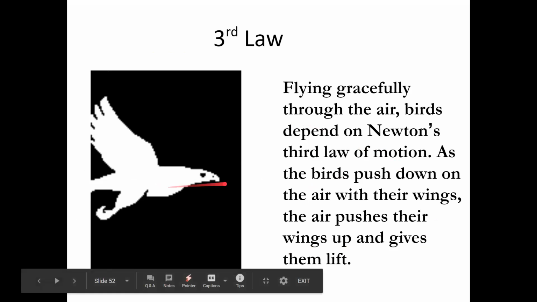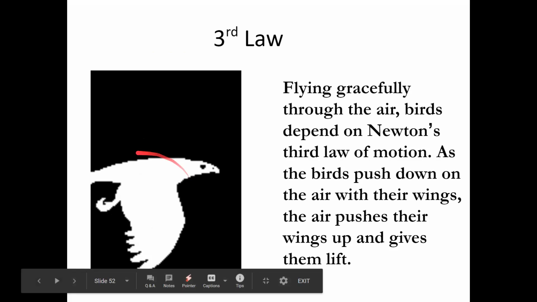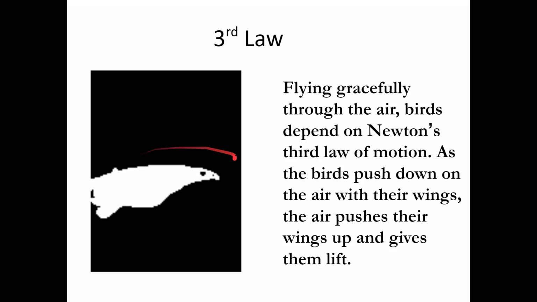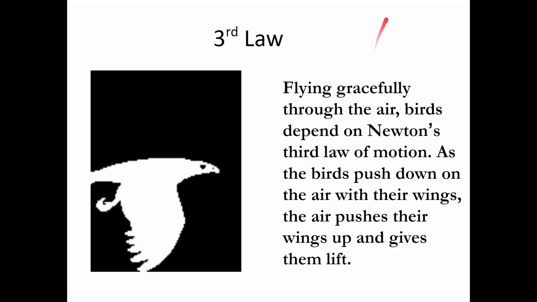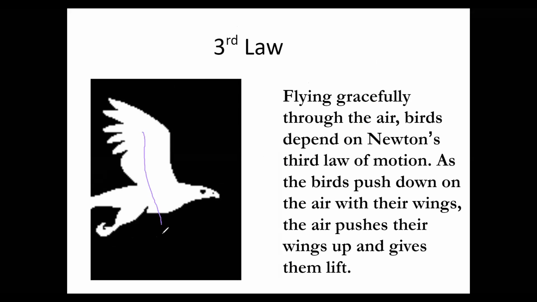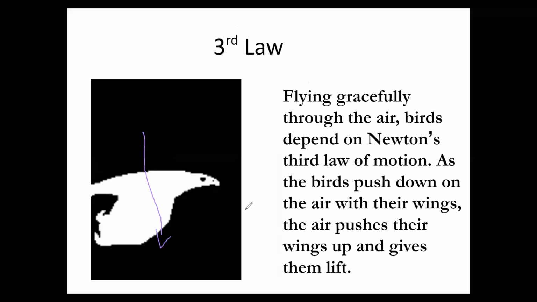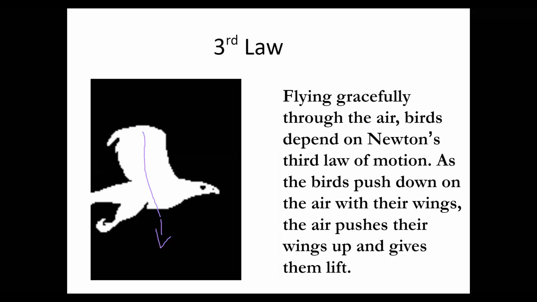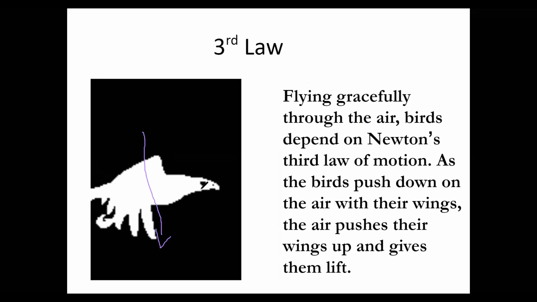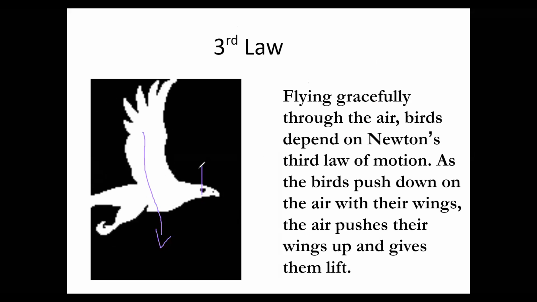So you can see in this picture right here, this little animated picture, the bird's wings are going down, right? So the bird is flapping its wings. They start up here and then they go down here and then they go back and forth. And you'll notice that every time the bird's wing flaps down, the bird itself goes up a little bit.